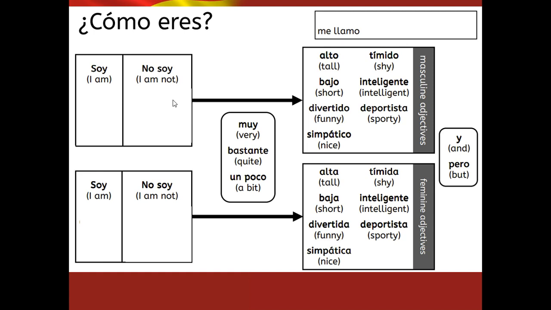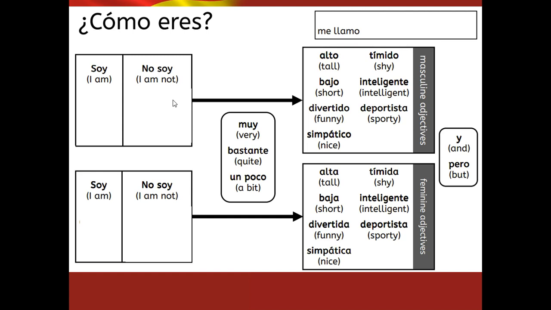Then we've got one arrow that leads us to the masculine versions of the adjectives and a second arrow that leads us to the feminine versions of the adjectives. And can you see that alto, bajo, divertido, simpático, and tímido have become alta, baja, divertida, simpática, and tímida when they're feminine? Then inteligente and deportista have remained the same.